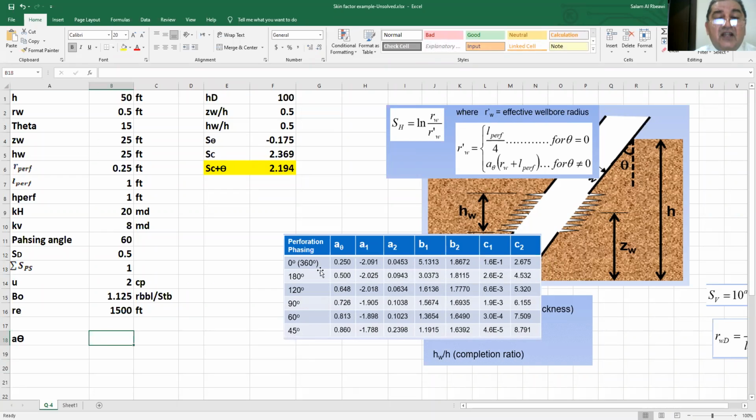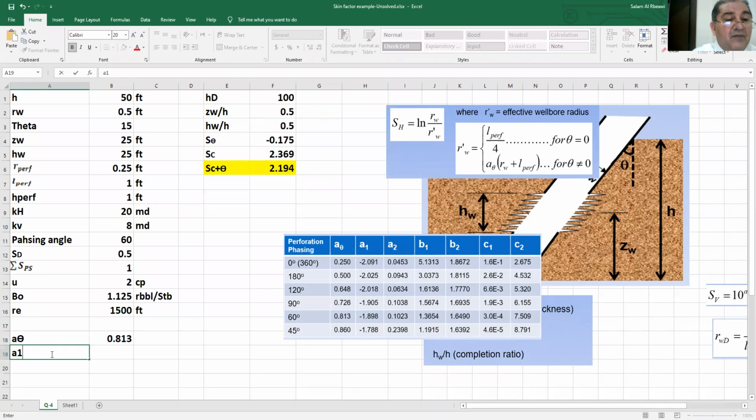How much A theta? This is 60, it is 0.81. Now A sub 1. Please give me your attention. And now A sub 2.